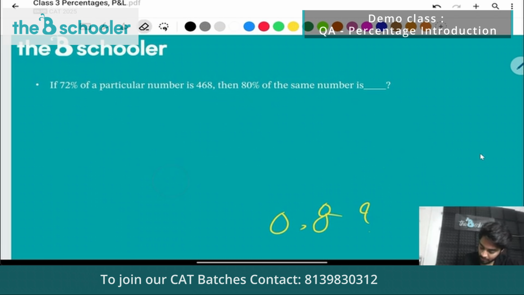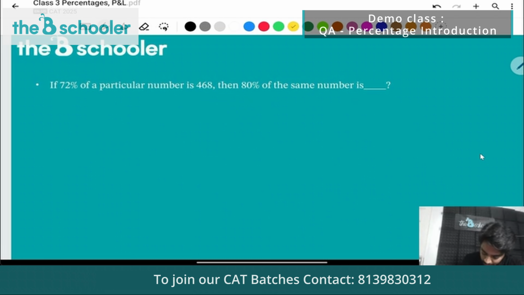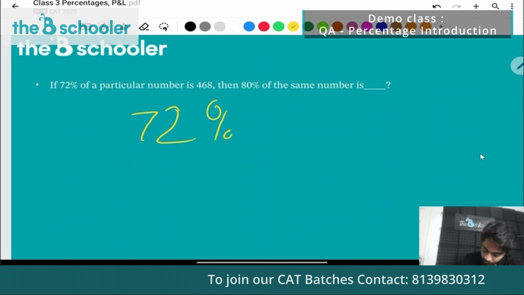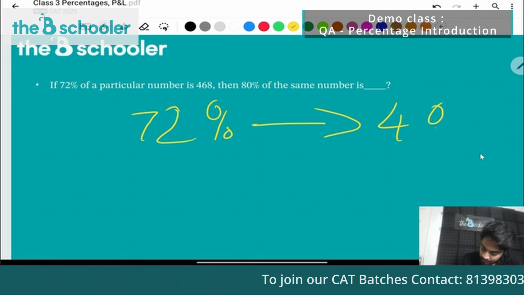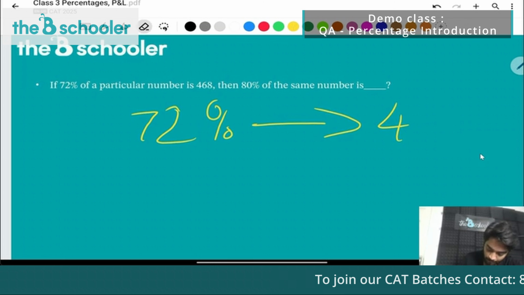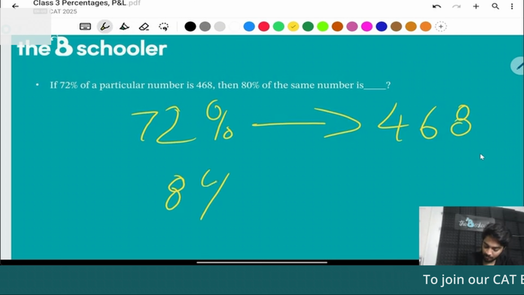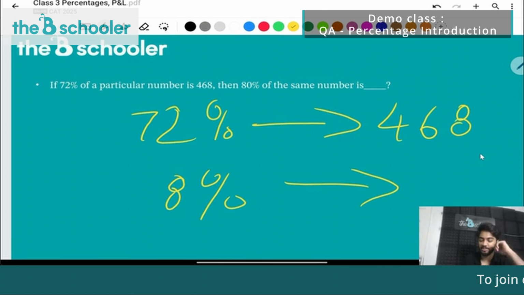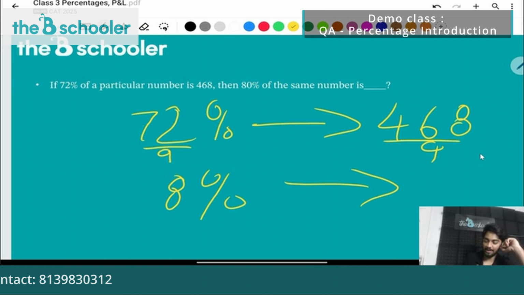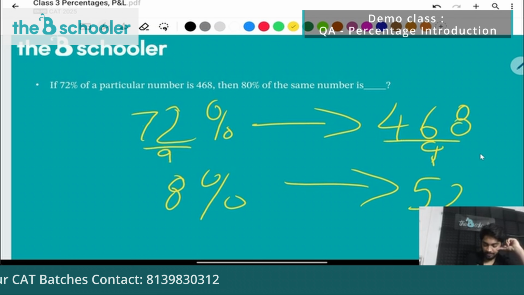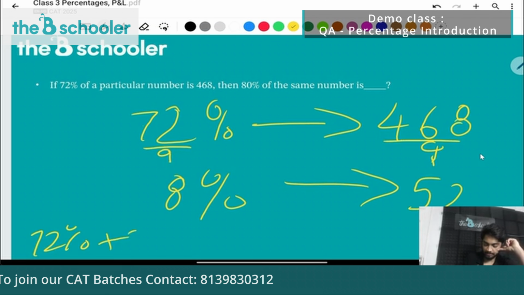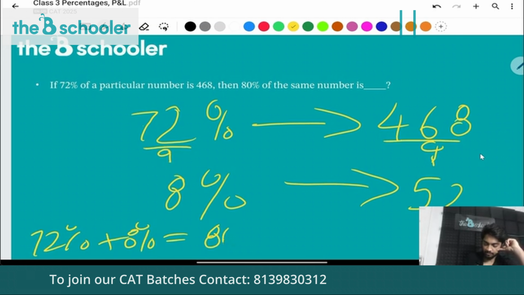But if you want to do it in a shorter way, you see that 72% is 468. If 72% is 468, what will 8% be? How do you convert 72 into 8? Divided by 9, right? So here we have to divide by 9. When you divide by 9, you get 8% as 52. Now 72% plus 8% is 80 percentage, which is what we need.